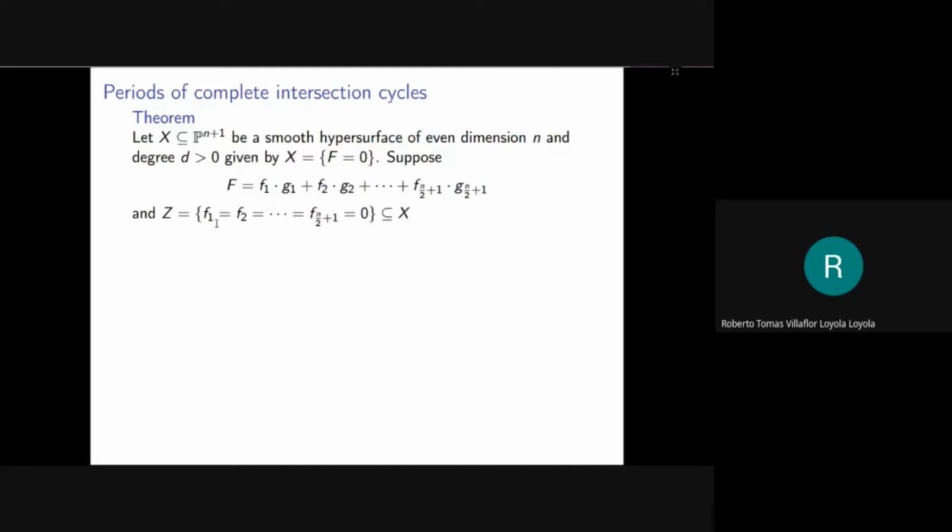Certainly this variety will be a subvariety of X, but what is non-trivial and we are assuming is that the subvariety is in fact a complete intersection subvariety of the ambient projective space. And since it is defined by n over 2 plus 1 equations, it has to be of dimension n over 2.